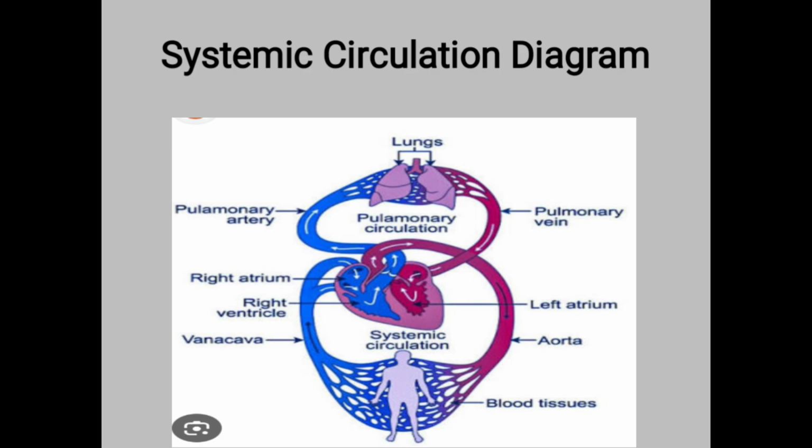This process is called pulmonary. And after that, because first the blue color was of deoxygenated blood, now something comes back from the lungs to the heart. This process is called pulmonary. Now something moves from the heart to the human body and moves back to the heart. This process is called systemic.